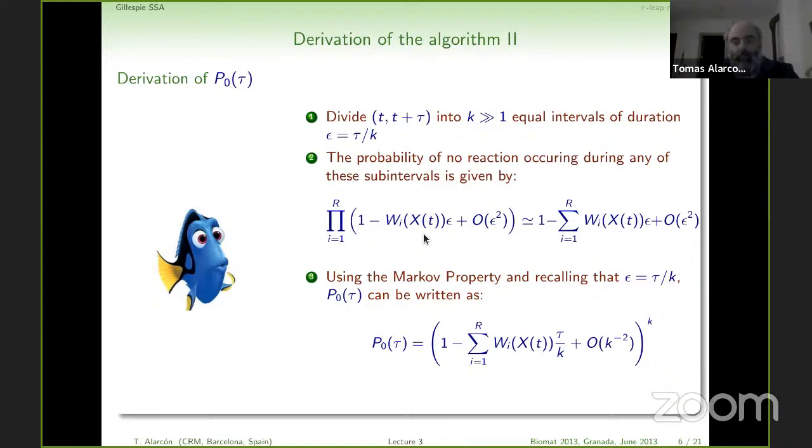These W quantities are the rate of probability, so it's the probability per unit time of event I. If you are considering a small interval, the W multiplied by the small interval is going to give you approximately the probability of the event occurring, but that has corrections.